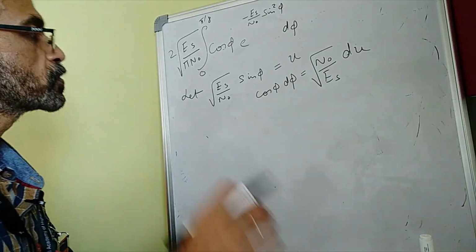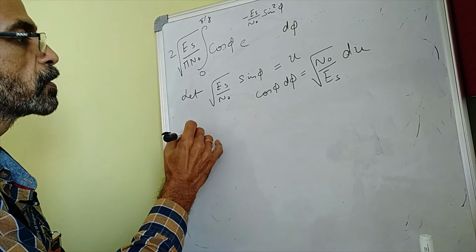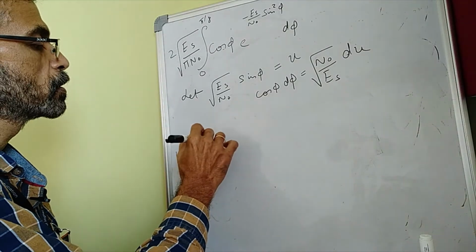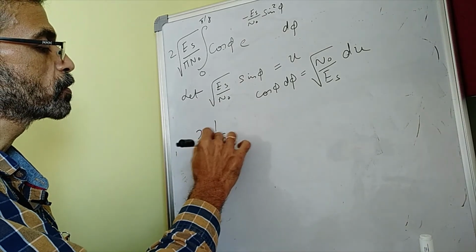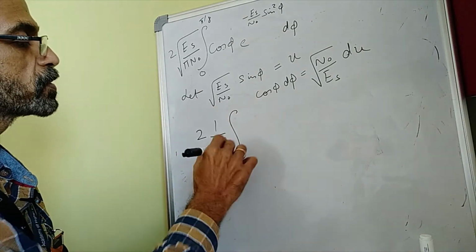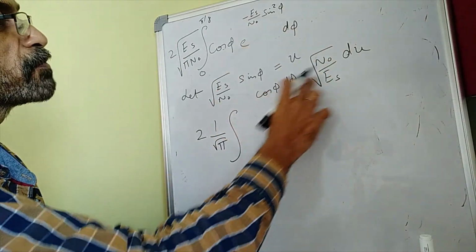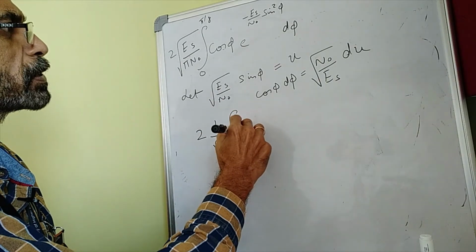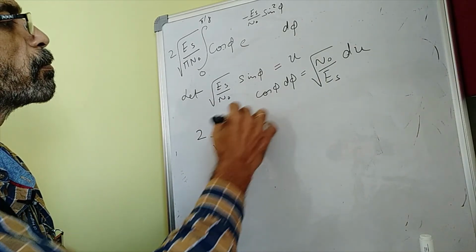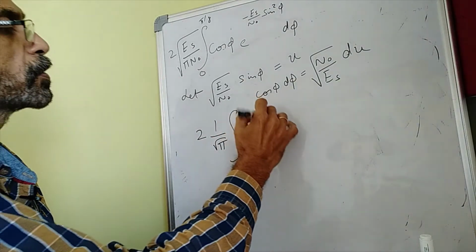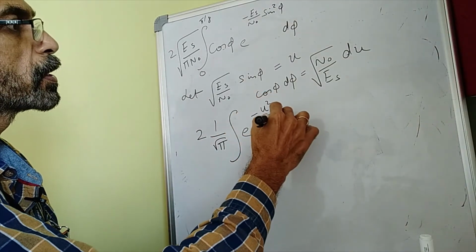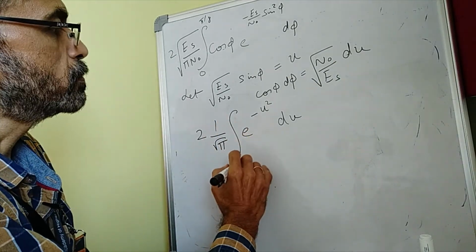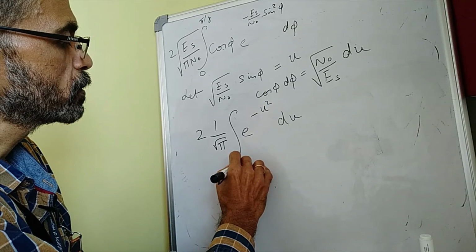When we make this substitution, this becomes 2 times 1/sqrt(pi). We'll substitute the limits now in a short while. Cos phi d phi has become this sqrt(N0/Es), and this I have already cancelled. You will have e^(-u²) du, and the limits will be 0.